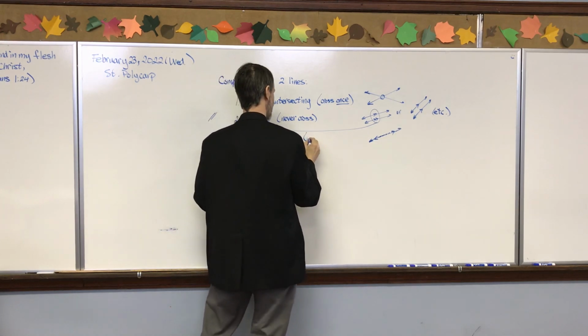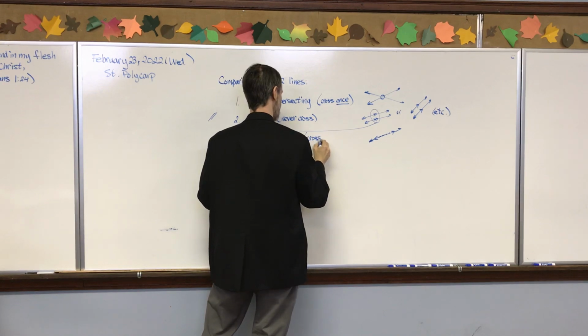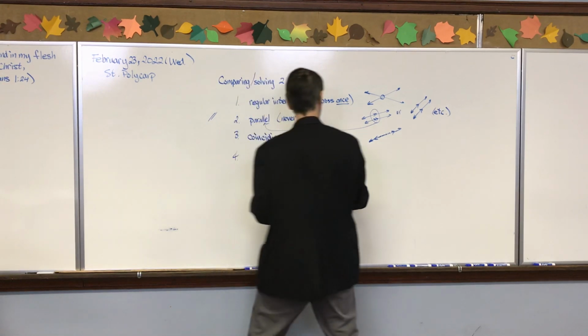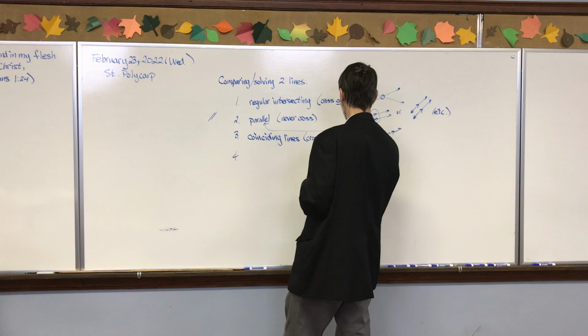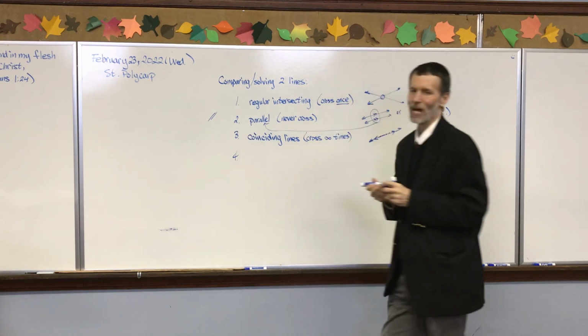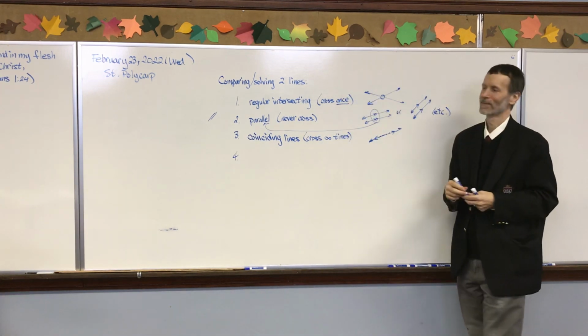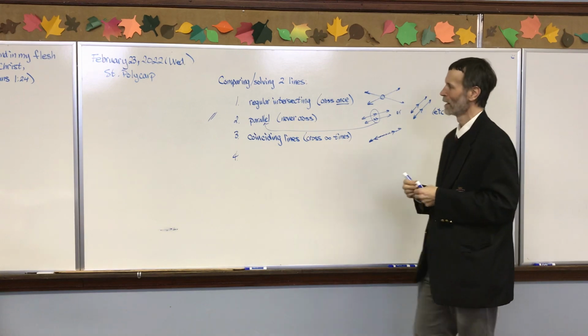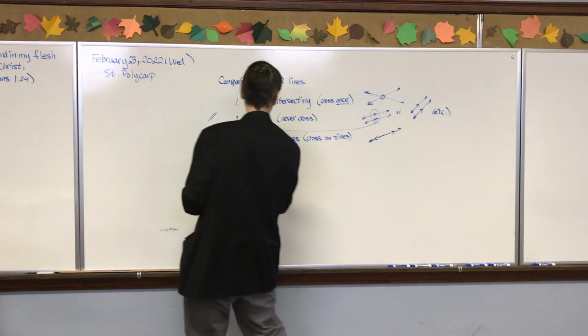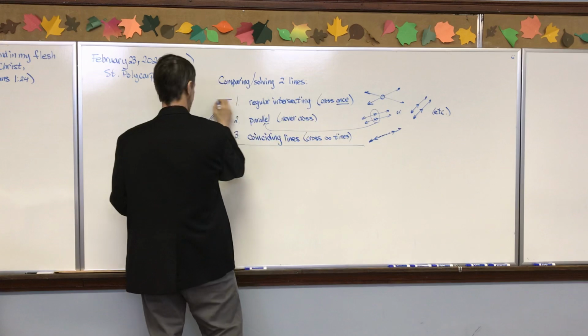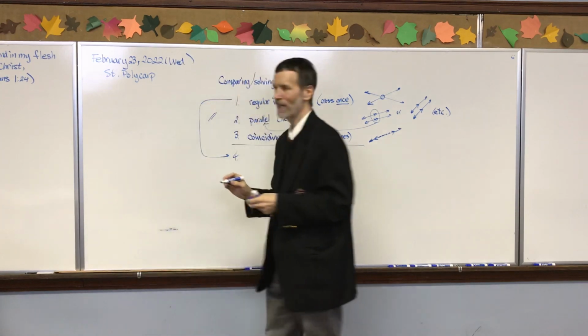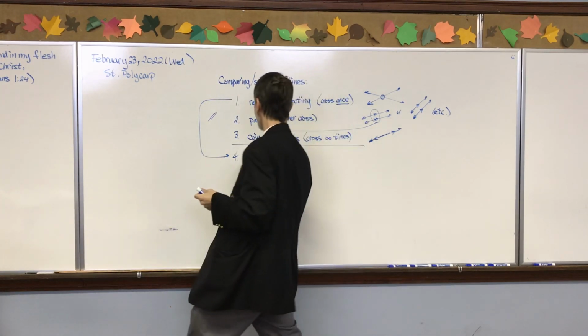In other words, they cross an infinite number of times. They're on top of each other. They're the exact same line. Okay, and those are the only 3 as far as solving. Now in number 1, there's a category of number 1 called perpendicular.